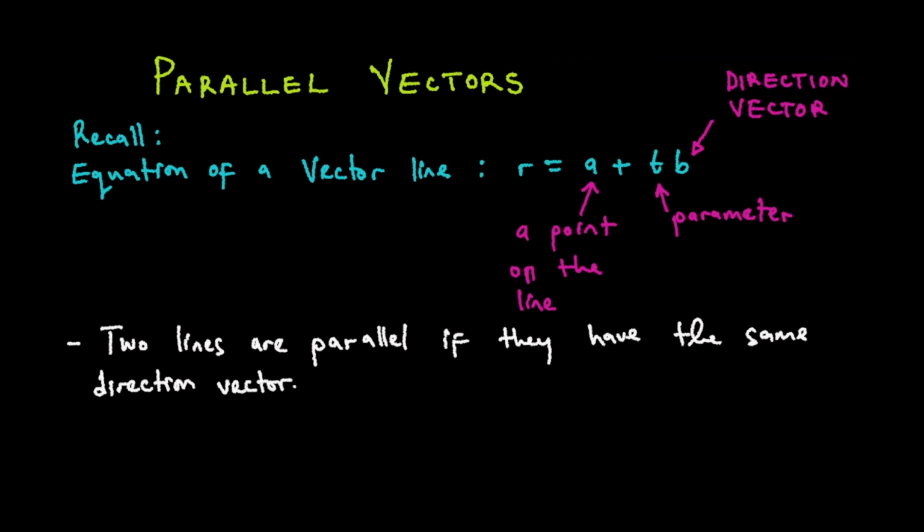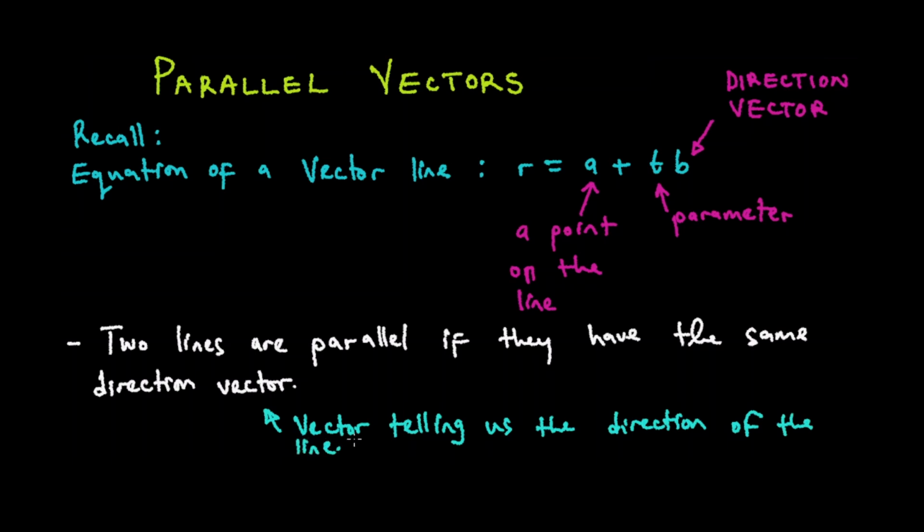A direction vector should be self-explanatory: it is the vector telling us the direction of the line. We noted in our first lesson under vectors 2 that this direction vector is sometimes a displacement vector, and sometimes it can also be a position vector, depending on the context of the question.